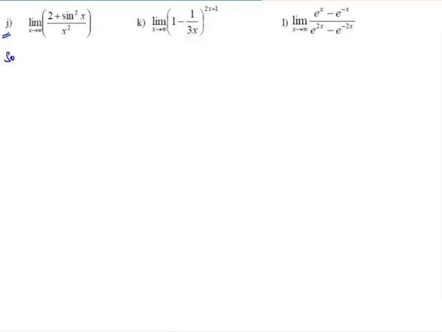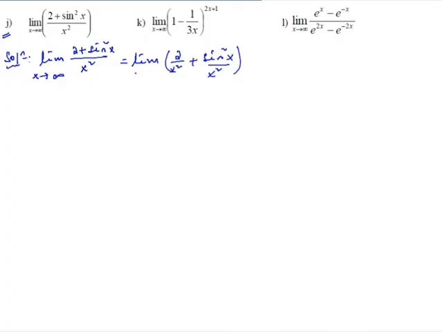We are asked the limit of 2 plus sine square x over x square as x approaches infinity. This can be written as the limit of 2 over x square plus sine square x over x square as x approaches infinity.